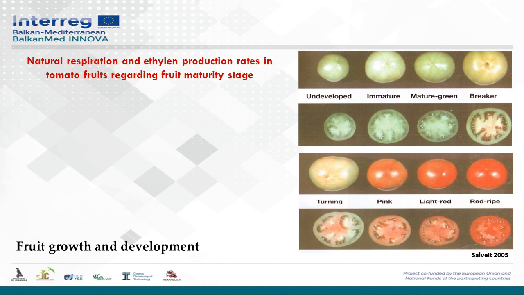It's important to note that fruits which have already reached this stage of development can continue to ripen fully, even if we detach them from the plants. And this is a practice often done for different purposes.